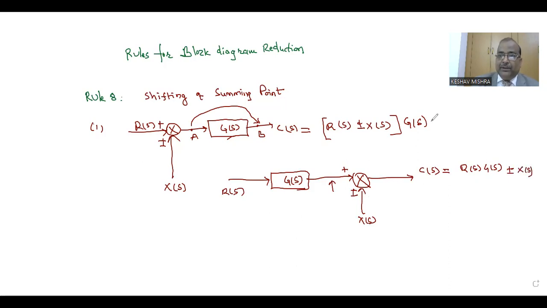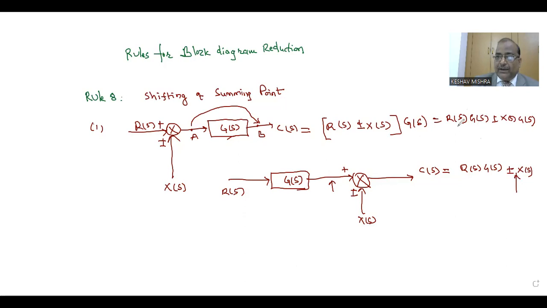And if we compare these two outputs, then in the first case the output is R(s)G(s) plus minus X(s)G(s). In the second case, the second term is missing G(s).